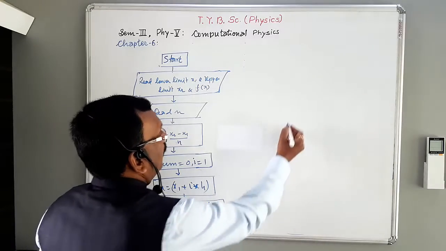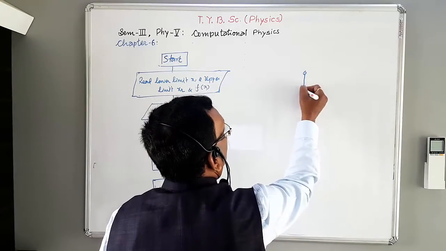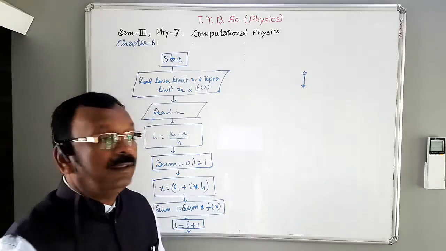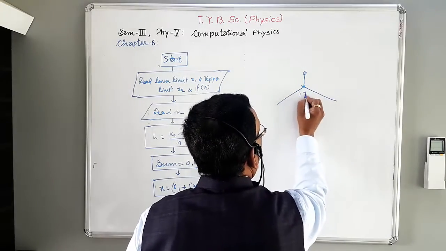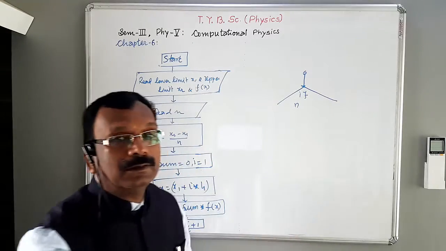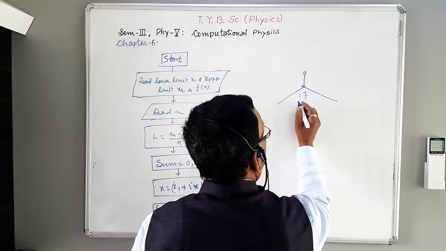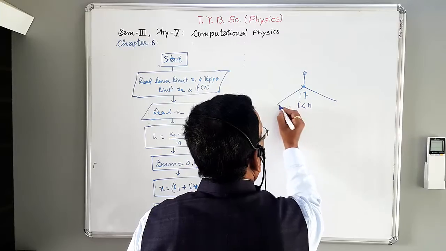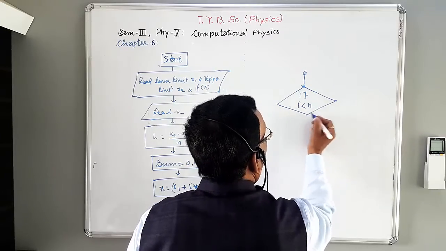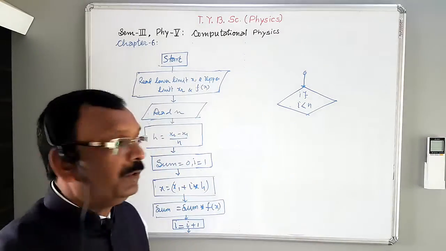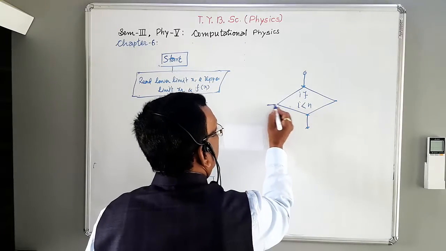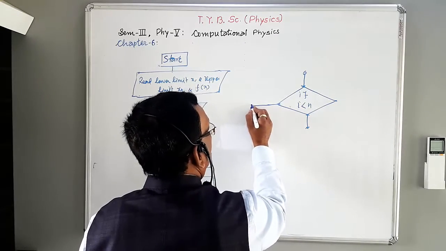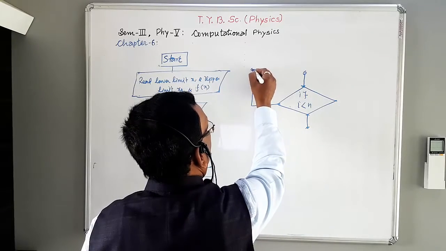So here, after that we have to decide whether I is less than n. We have to check the condition. If the condition is true, then go here.